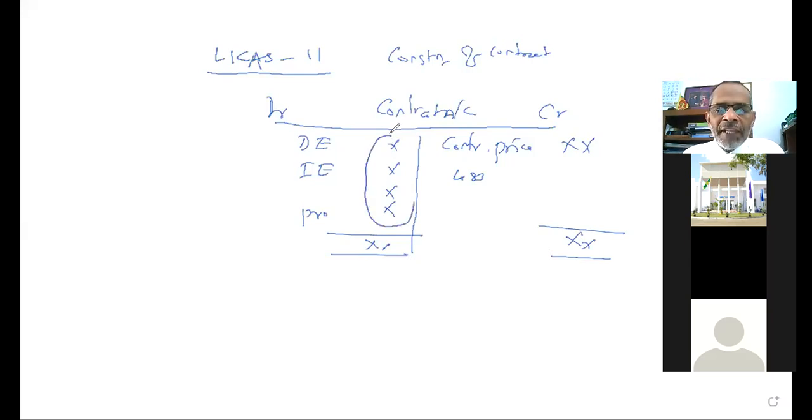Then where there is a more than 1 year contract, there is no effect whether it is indirect cost or direct cost, we can record. But here, instead of contract price, what is the word we have to write down where there is a more than 1 year contract? What is the word?